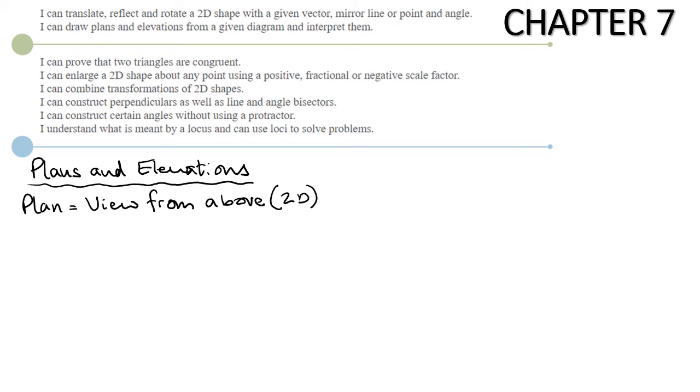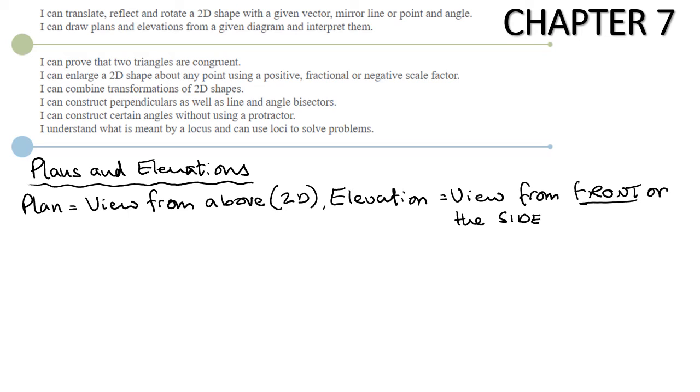And an elevation is a view from either the front, in which case it'd be a front elevation, or from the side, in which case it'd be a side elevation. Again, this is 2D, so it's like a flat shape to show what the front or the side looks like.